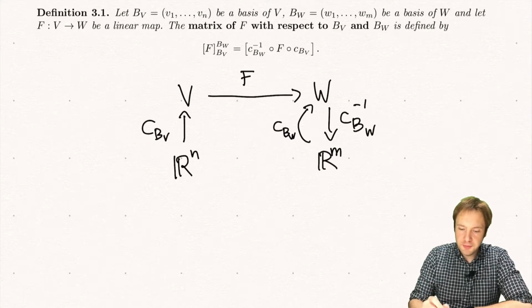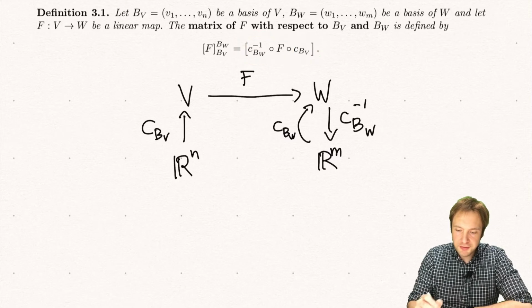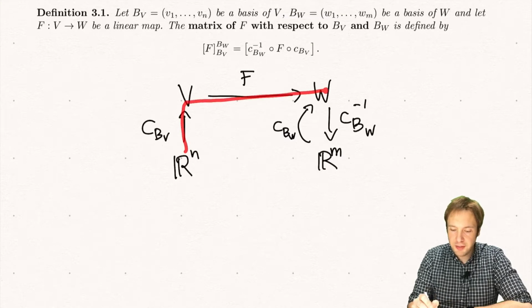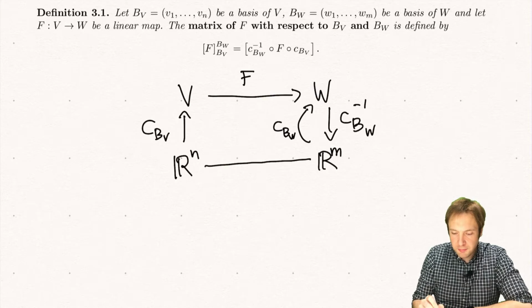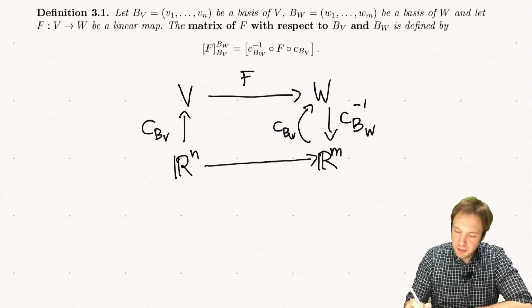Now this linear map says we first take C_BV, meaning we go first here, then we take F, and then we take the inverse of this. So this linear map is a linear map from R^n to R^m.